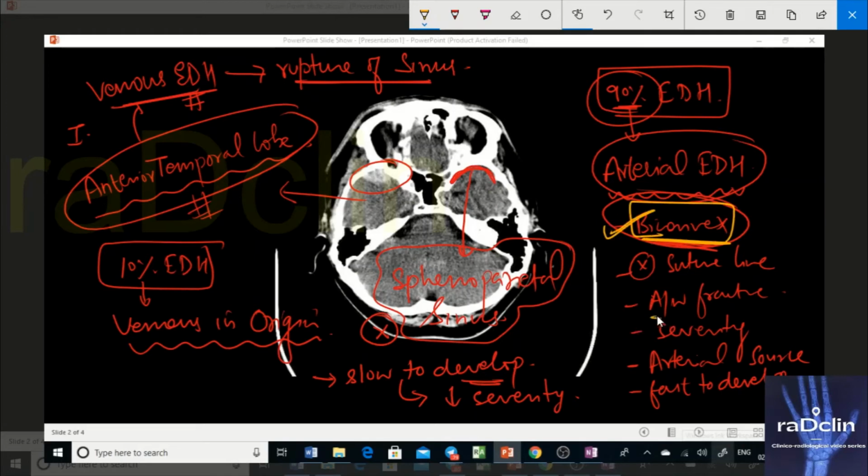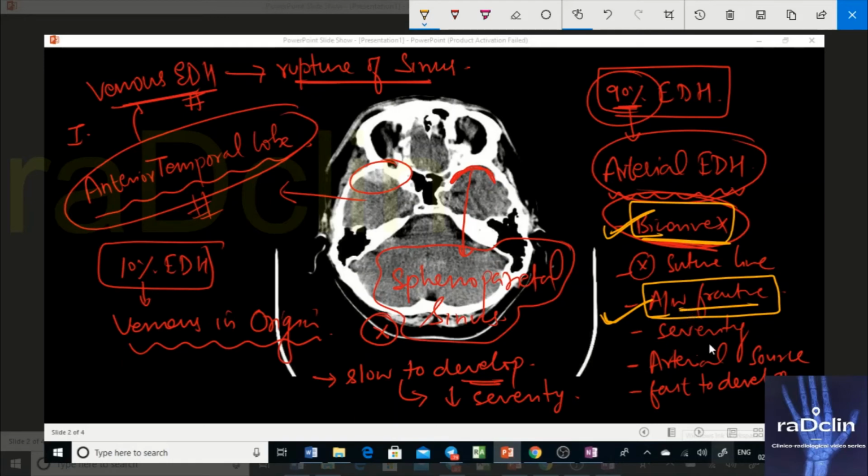Then association with a fracture line is also important, because commonly in venous EDH, the fracture happens at the site of suture. At the site of suture you typically have venous sinuses, so the fracture causes rupture of venous sinuses to cause venous EDH. So a fracture line is there in venous EDH as well.